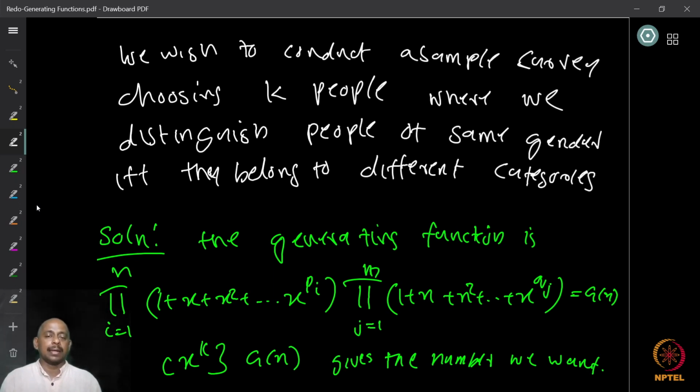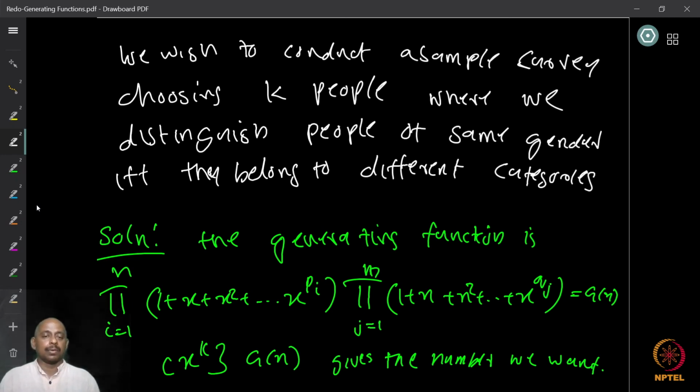Similarly, for the second category I have 1 plus x etc. up to x raised to p_2. So similarly, 1 plus x etc. up to x raised to p_n. So for the n categories, I have the choices, and I can choose them in any way, and the product will tell you the number of ways of doing this.